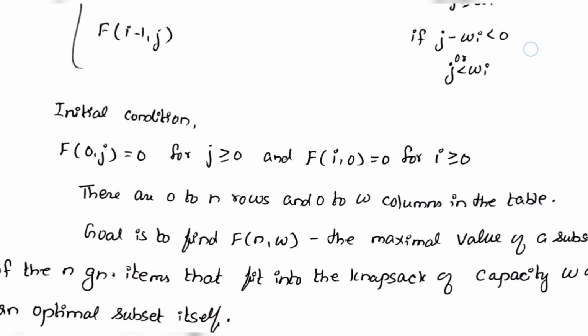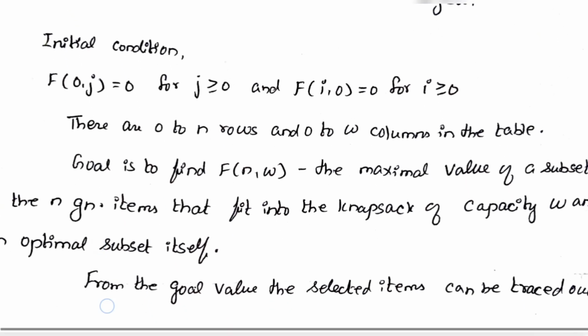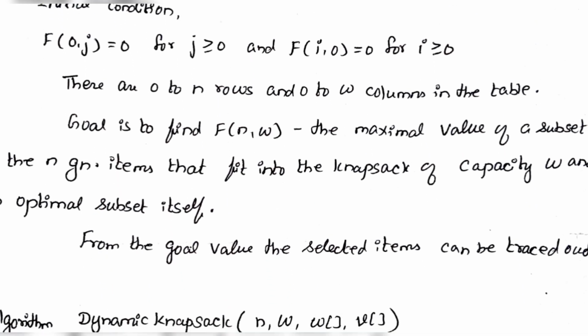Initial condition: we will keep F of 0, j as 0 for j greater than or equal to 0, and F of i, 0 as 0 for i greater than or equal to 0. There are 0 to n rows and 0 to W columns in the table.